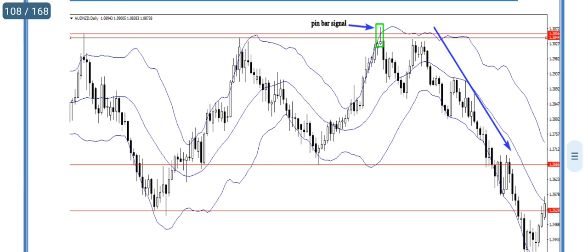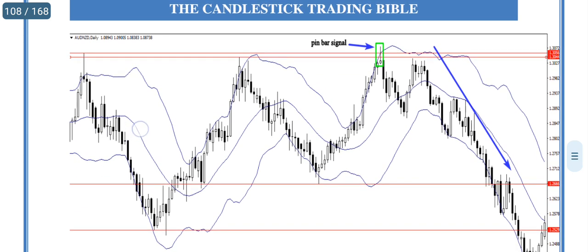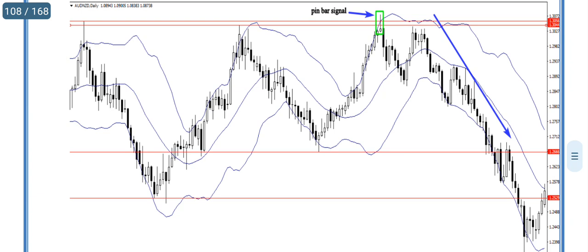Of course, we are seeing the bands and we have our pin bar formed at resistance level. So from the observation, we are seeing that the market is a ranging market, and we are seeing a pullback at support level.